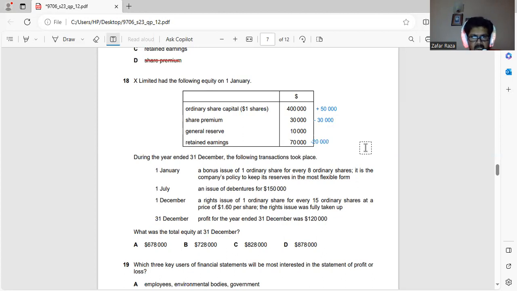Now, 1st July we issue a debenture. On 1st December, a rights issue of ordinary shares for every 15 ordinary shares at a price of $1.6 per share. The rights issue was fully taken up. Now we have share capital 450,000 divided by 15. It means we have issued 30,000 more shares, so share capital is again going to be increased by 30,000.